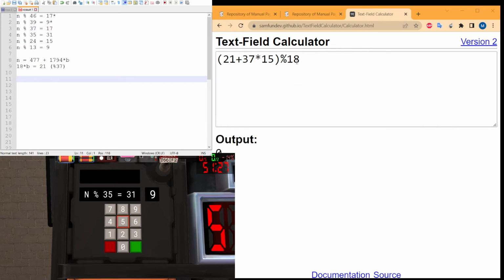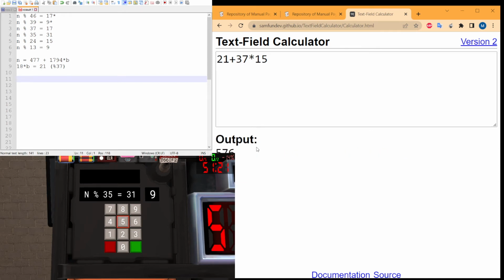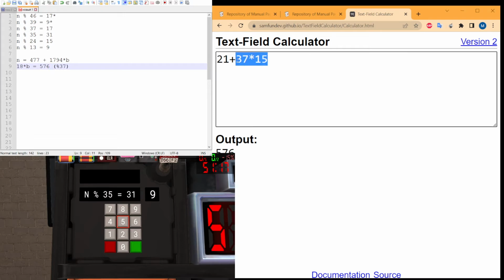Now it's divisible by 18, and the number that we got on the right is 576. We divide both sides by 18, which gives us 32. So b is 32 plus 37 times some c.